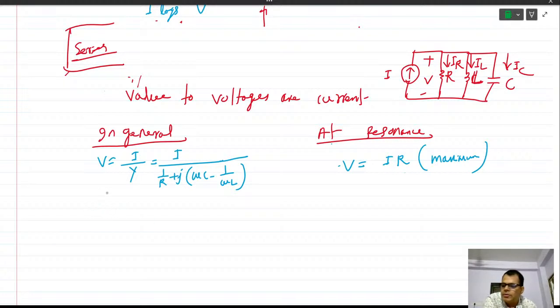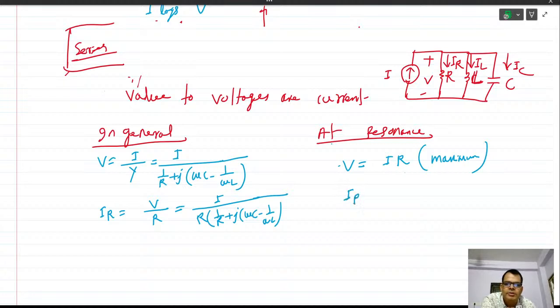Then we have IR, which is V upon R, and what is the V? This is I into R, upon (1 upon R plus j(omega C minus 1 upon omega L)), and here the IR will simply be, this term is 0, R and R cancel, so I, which is again maximum.